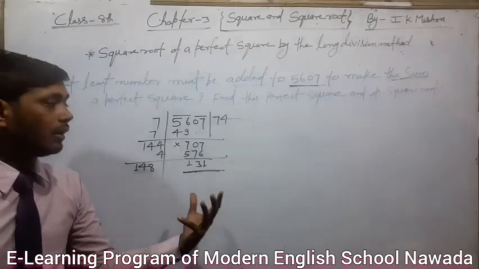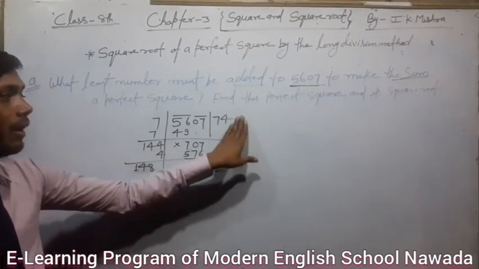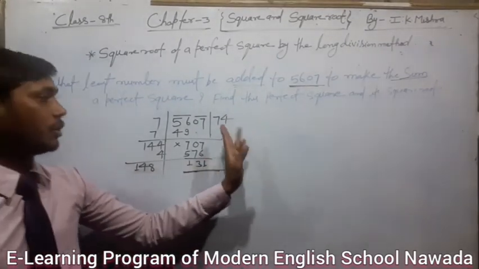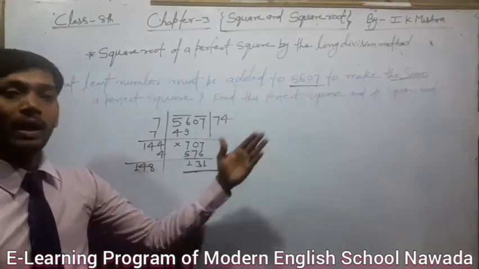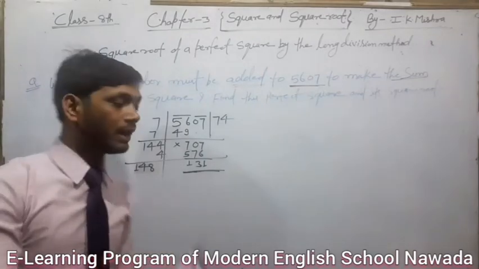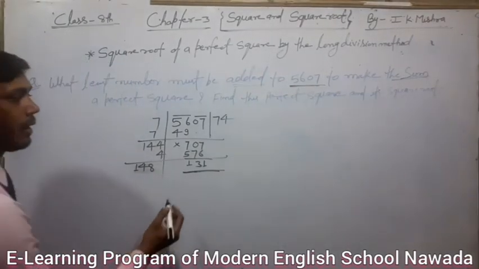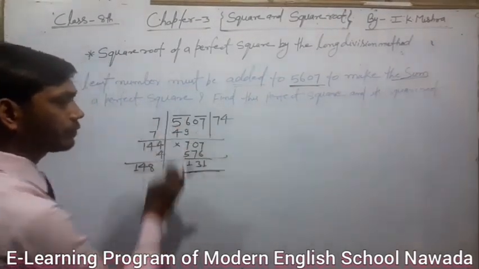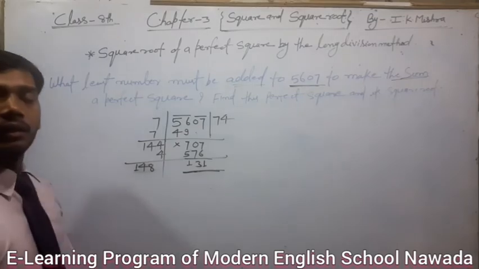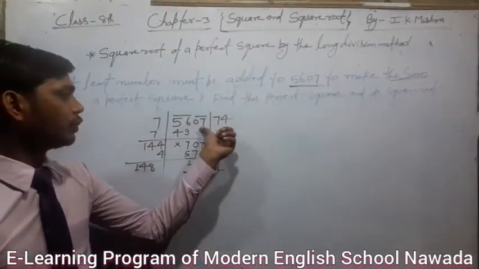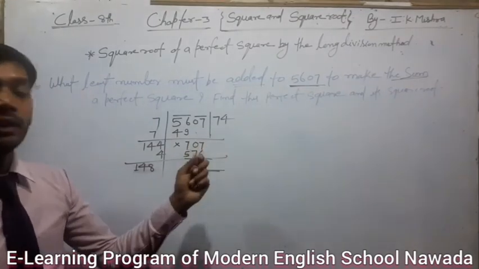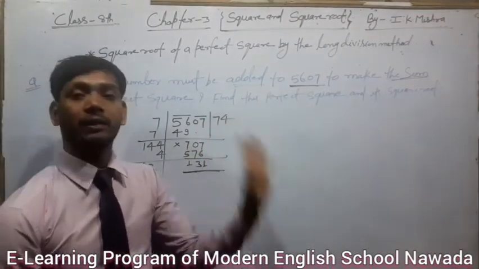So I think what square number? Just after 74 squared, the next square number is the square of 75. That means this number is added to get the square of 75.